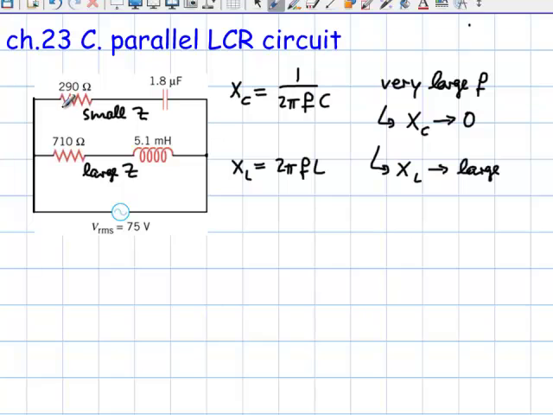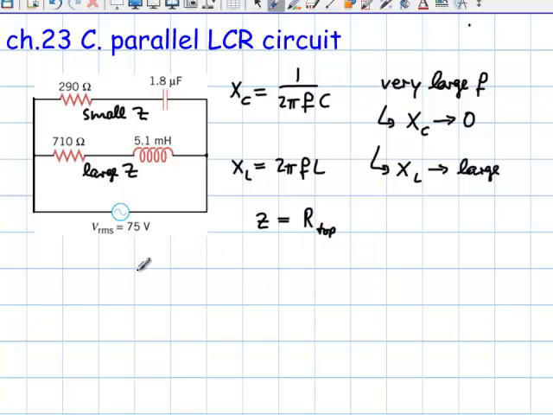So the current is just going through the top part, and the impedance is basically going to be the resistor on the top, because this one is in parallel to the other one with a very large Z. If you do 1 over Z plus 1 over Z equals 1 over the total Z, you come up with the total Z being basically this one here.